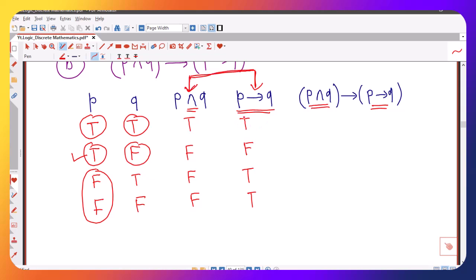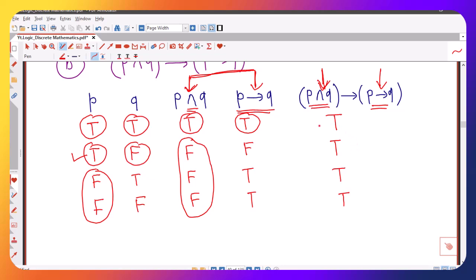Here also, only if this one is true and this one is false is the statement false. For the first combination this is true and this is also true, therefore we have T. And if the first one is false, then the conditional statement is always true.